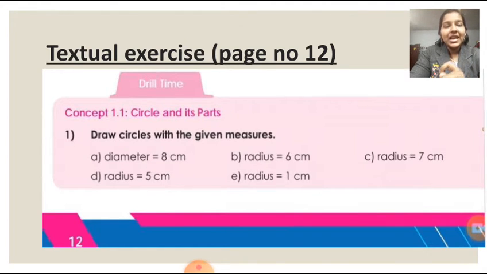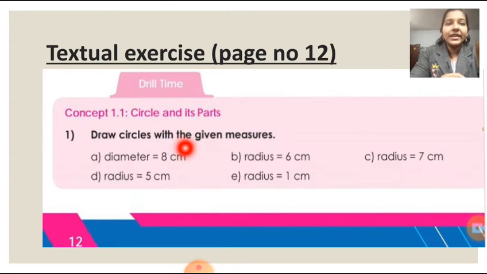Diameter D is equal to 2 into R, 2 times radius, and radius is equal to diameter divided by 2. So, to get the radius, you can divide the number 8 by 2.